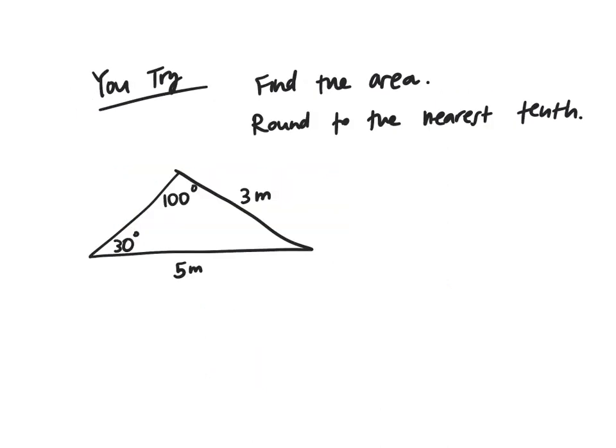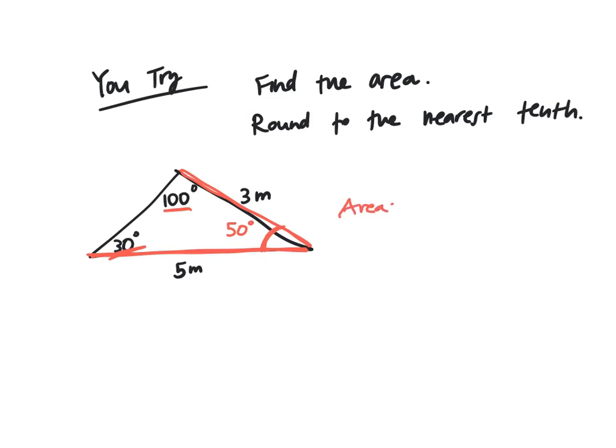All right, you try. Find the area rounded to the nearest tenth. Okay, so here you have to be careful. You notice that you're given two side lengths, and you have to use the angle between the two side lengths. So I need to figure out what that angle is. And we can do that because we know the other two angle measures. So 130 subtracted from 180, so that's going to be 50 degrees.